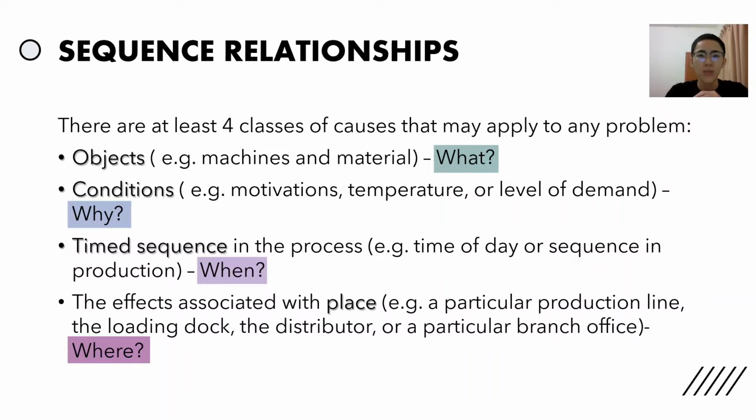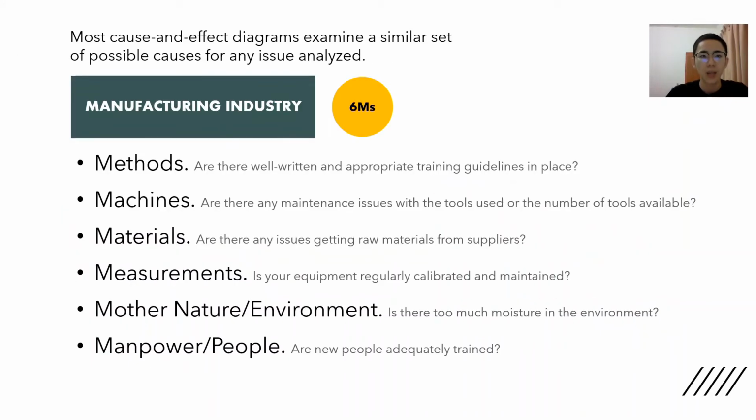Besides these 4 classes we talked about right now, there are also other examples. Similar examples may be used to find the cause to solve problems in other industries. For example, in the manufacturing industry, there are 6M. Firstly is the method. Are there well-written and appropriate training guidelines in place?